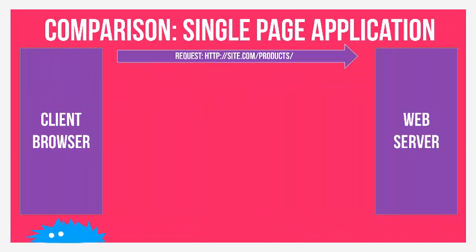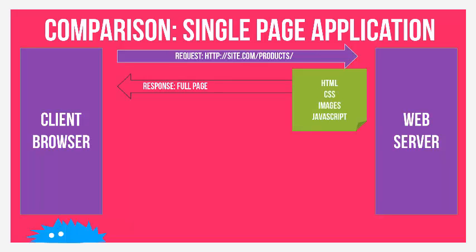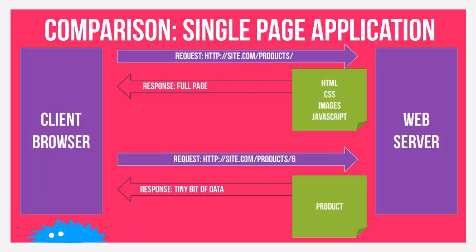With a single page application, the request happens exactly the same, and often the URLs are identical to existing regular websites. The first time this runs, it's of course going to have to pass down the full HTML, the CSS, the images, and all the JavaScript. But on subsequent loads, if we browse to another product, rather than downloading all of the images, we might only take down a very small proportion of the data required to construct the page. It might just be the product information about product number 6, that tiny piece of data, which may only be a JSON piece of information, for example.